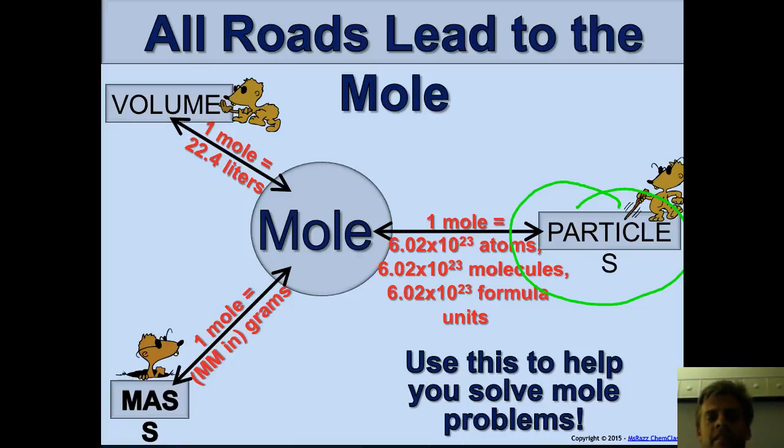But let's just keep it easy, and let's say they wanted to know how many liters of gas you would have if they gave you X number of molecules, or atoms of neon. Well, I would simply go from particles over to moles, okay? And once I convert to moles, I can then go from moles to volume, okay? And that's how it works.